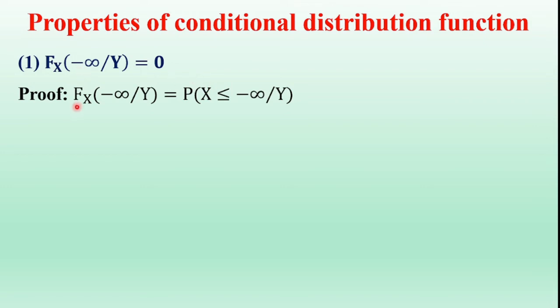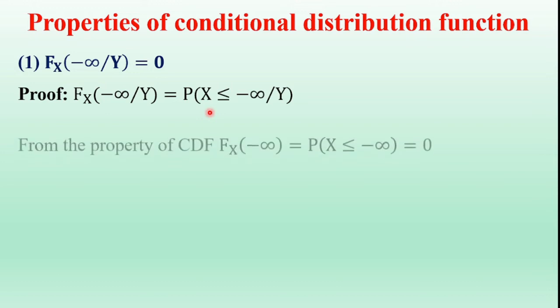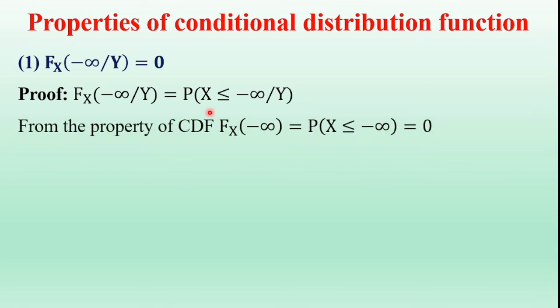So using that definition, Fx of minus infinity by y is equal to P of X less than or equal to minus infinity by y. We know that using the CDF property, Fx of minus infinity is 0. Therefore, Fx of minus infinity by y is equal to 0. This is the first property proved.